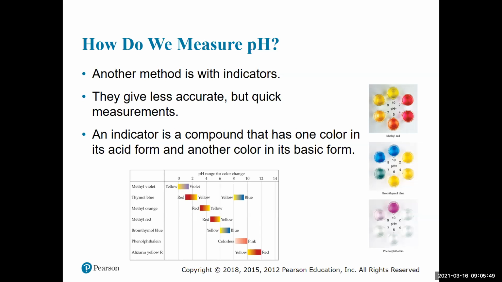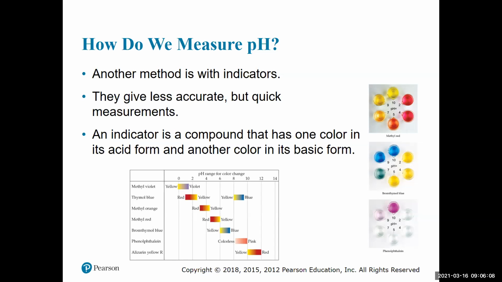There are a lot of different compounds that are known that have this color change, and you can see them on the bottom of the page here. Most of them go from one color to another color. Phenolphthalein is the only one on this list, at least, that goes colorless to a color.